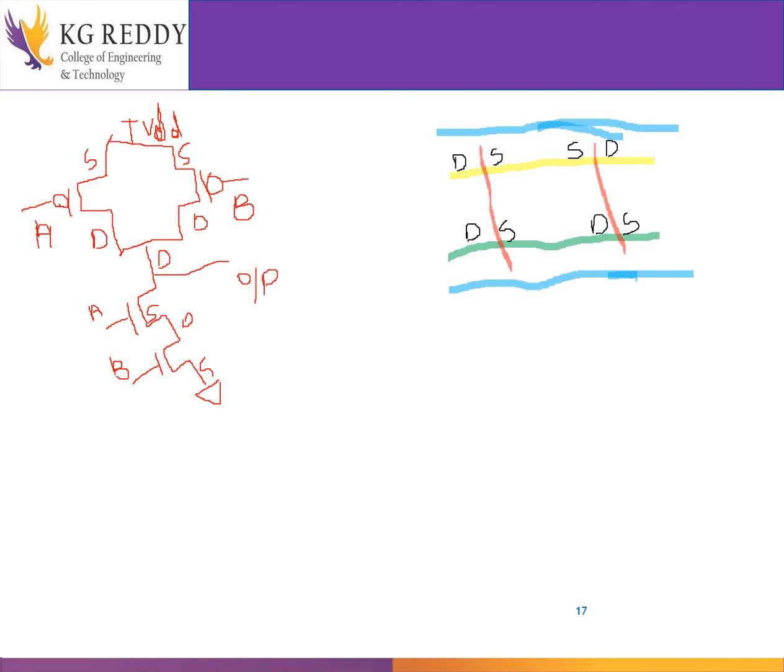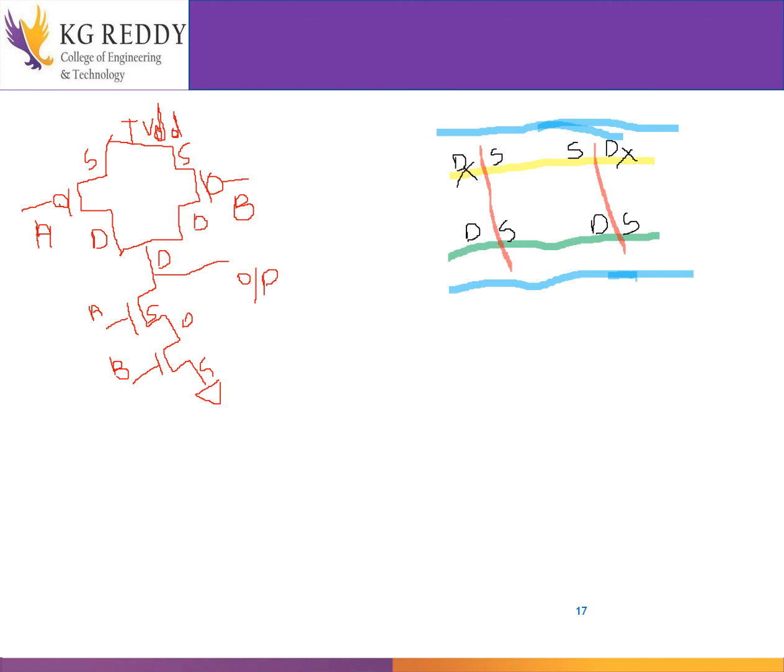Here you need to observe one thing, that both the drains of PMOS and the drain of one of the NMOS transistors, these three are getting shorted. So in that case I use a contact here, right? Again I'll be using one contact here, right?